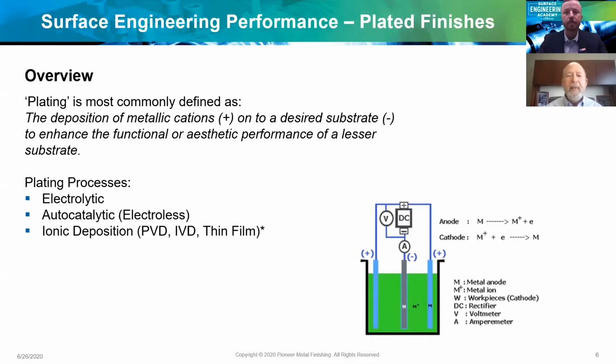Okay, well, thanks, Dave, and good morning, everybody. Well, the plating process simply is taking one metal and applying it over the top of another metal. And in the case of our audience, the metal that the plating is going on are your parts. The original plating process that was invented was the electrolytic process, or most people call it electroplating. That's been around for a long time. It was created around the turn of the 20th century, the 1900s.